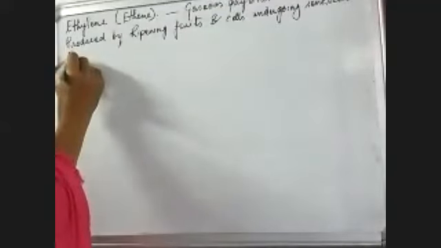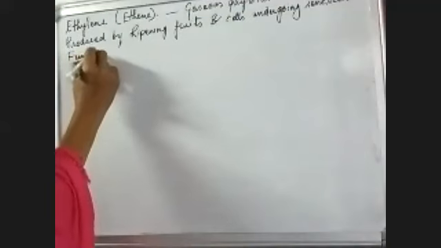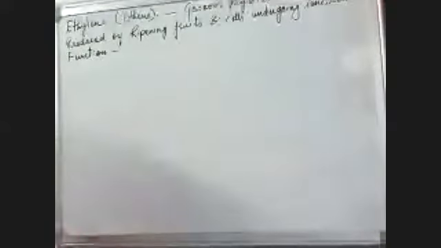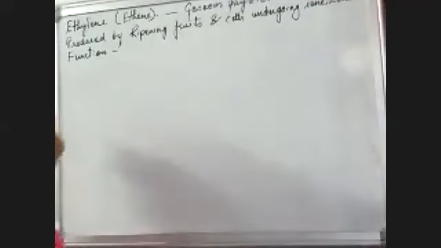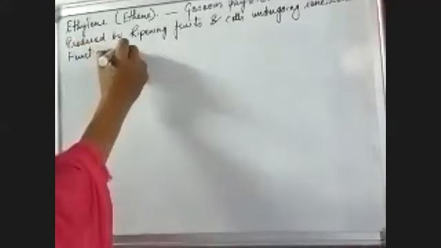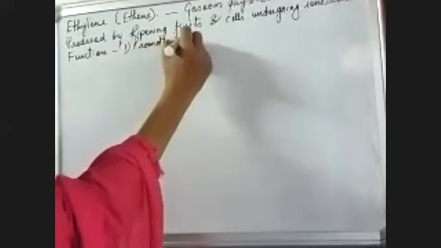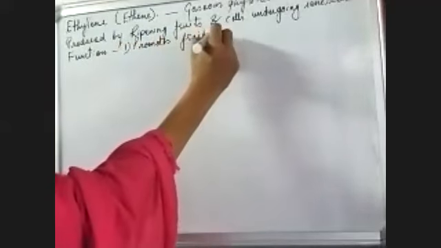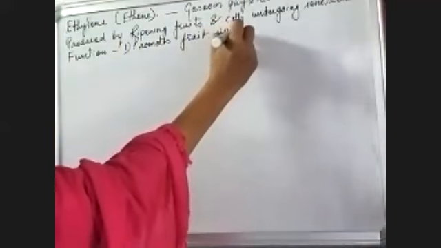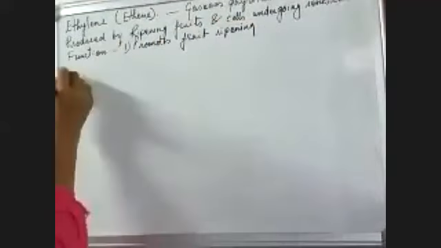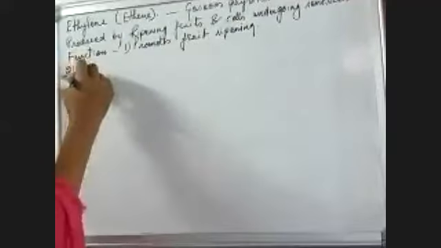The most important function of ethylene is that it promotes fruit ripening. The second function is that it promotes senescence or maturity.